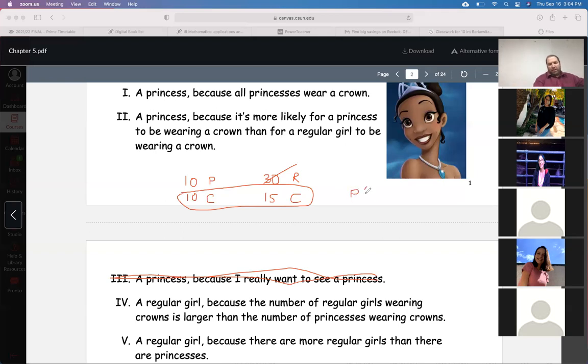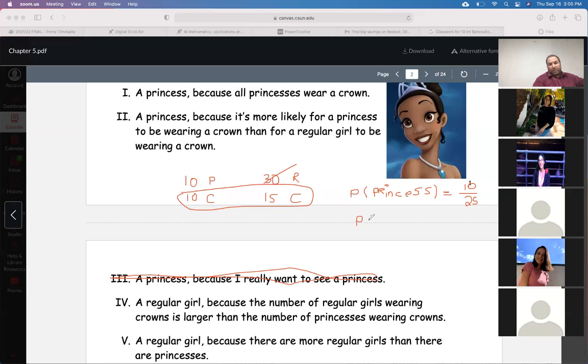Of those 25, what's the probability of being a princess? 10 over 40. Not over 40. I'm not looking at all 40 people. What is that, 25? 10 over 25, because only the 25 crowns are under consideration.